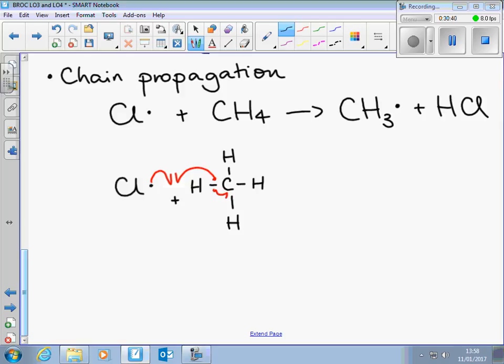So one electron moves there from that bond, the odd one moves there, and these two can now form the bond in hydrogen chloride. So that and that form the bond between those. Yeah, should do, because it is a reaction that's going on.